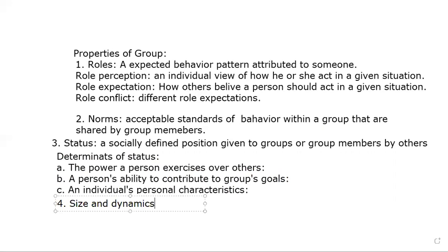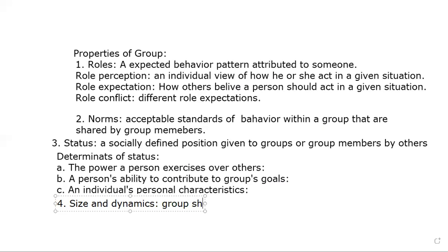So whenever someone has interest and capability, they will contribute to the group. So number 4 property is size and dynamics. You should have an optimum group and you should also have the capability. So size and dynamics identify group members.